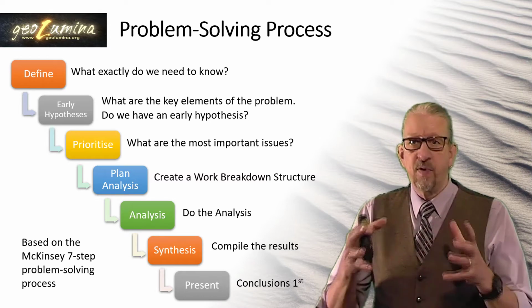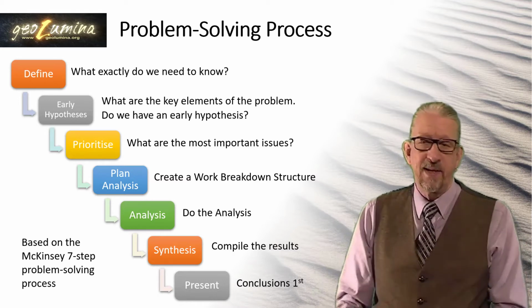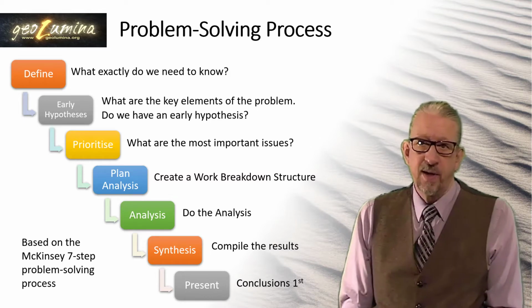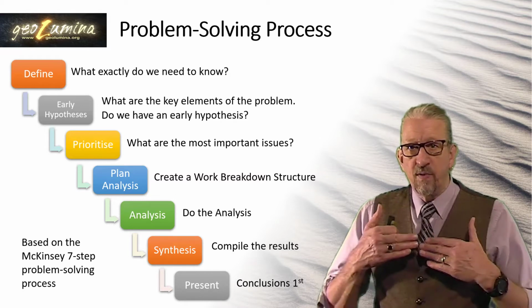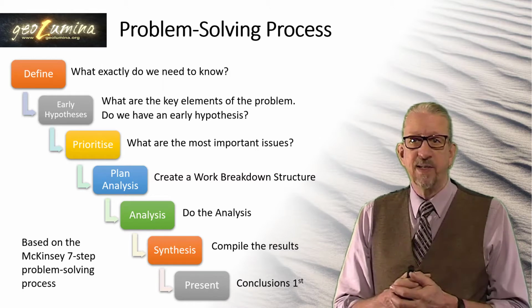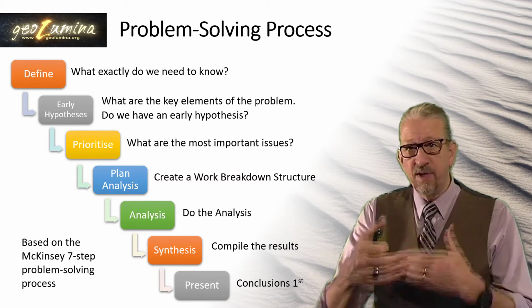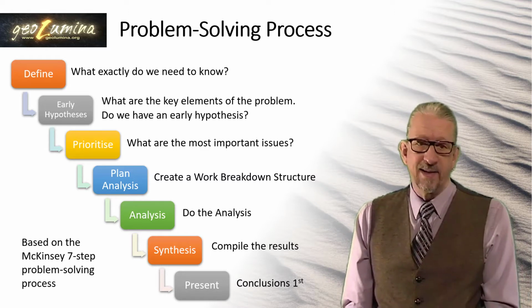So again, going through the process of imagining how long these things are going to take and making decisions about what we are and aren't attempting to do during the course of our project. Once all of that front loading, that project planning, that project scheduling has been done, and we've modelled the project schedule to be reasonably sure we can meet the deadline, then we can begin the analysis.